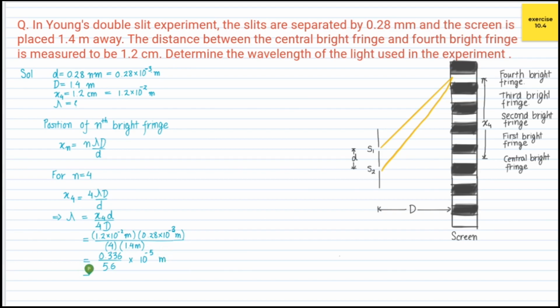Next, 0.336 divided by 5.6 equals 0.06 times 10 to the power minus 5 meter. Now 0.06 I can also write as 6 times 10 to the power minus 2. So your 10 to the power minus 2 times 10 to the power minus 5 is 10 to the power minus 7.